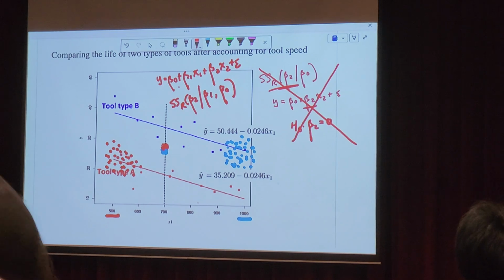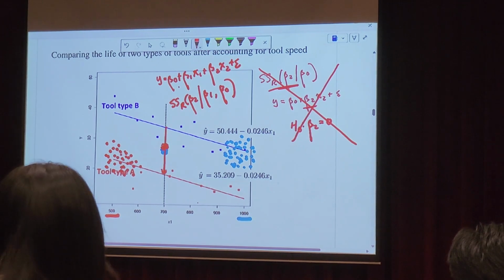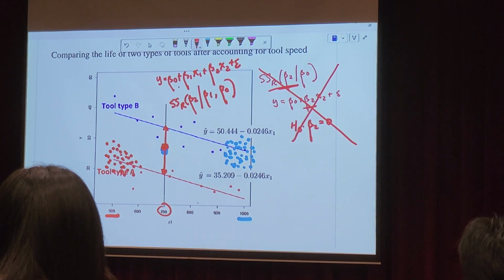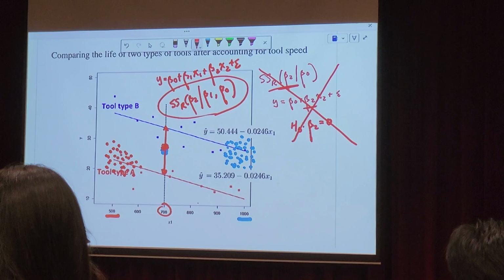So taking speed into consideration means you are going to examine now the difference between the two means for a fixed xi. And then you vary across and then look at the average difference. And this is what is measured by this. So that's what it means by accounting for the speed.